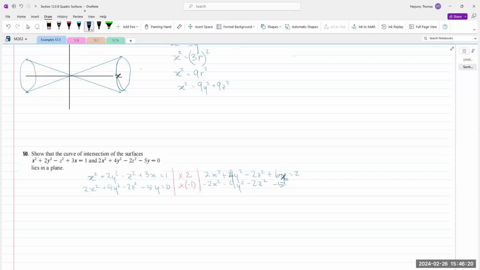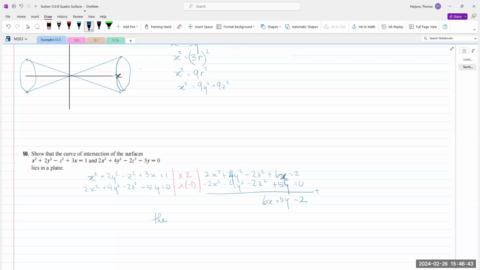This is 5y equals to 0. Then when I add, I get 6x plus 5y equals 2. Okay, so this is the plane. So the intersection is on this plane.